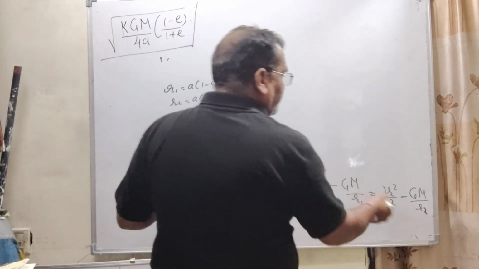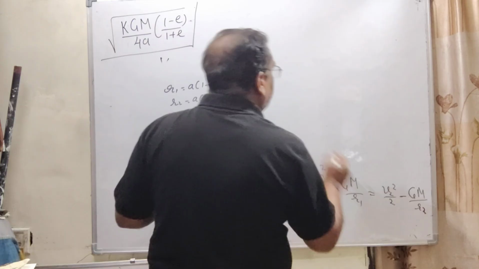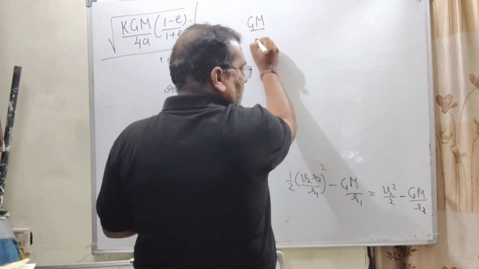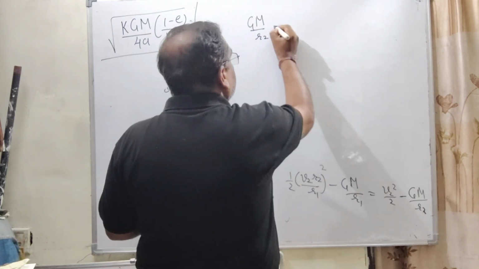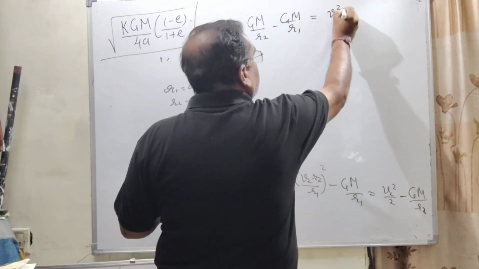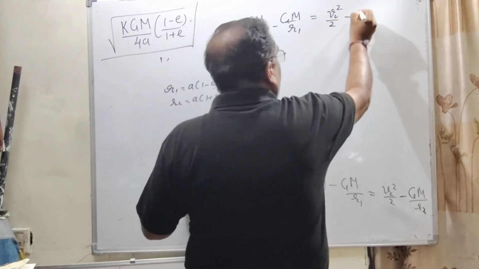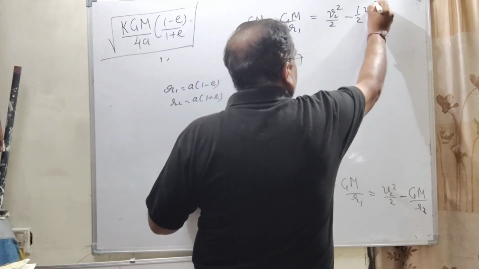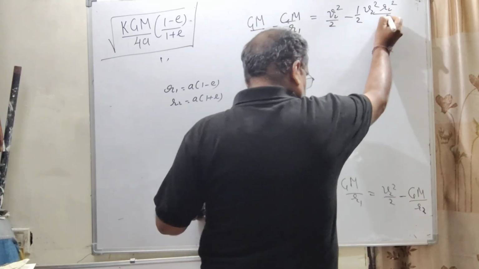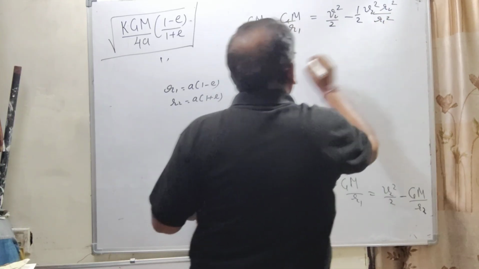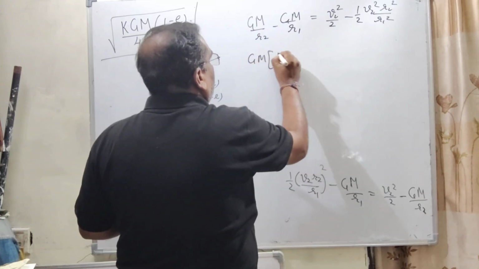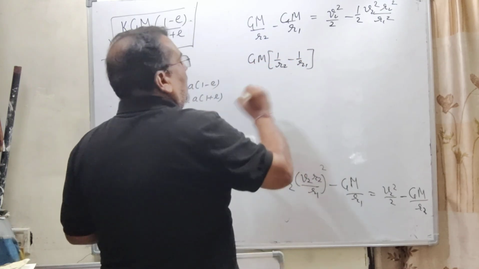Now solve this equation. Here G M by r2 taken to the left side becomes positive: G M by r2 minus G M by r1 equals v2 square by 2 minus 1 by 2 v2 square, opening the bracket, r2 square by r1 square. So G M taken common, 1 by r2 minus 1 by r1.